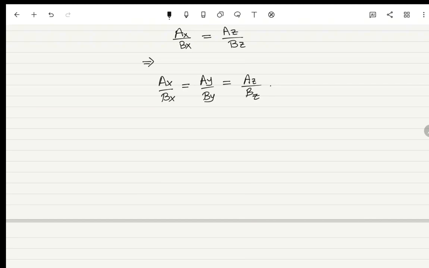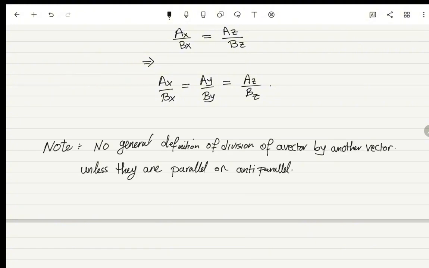So we don't have a general definition of division of a vector by another vector, unless they are parallel or anti-parallel.